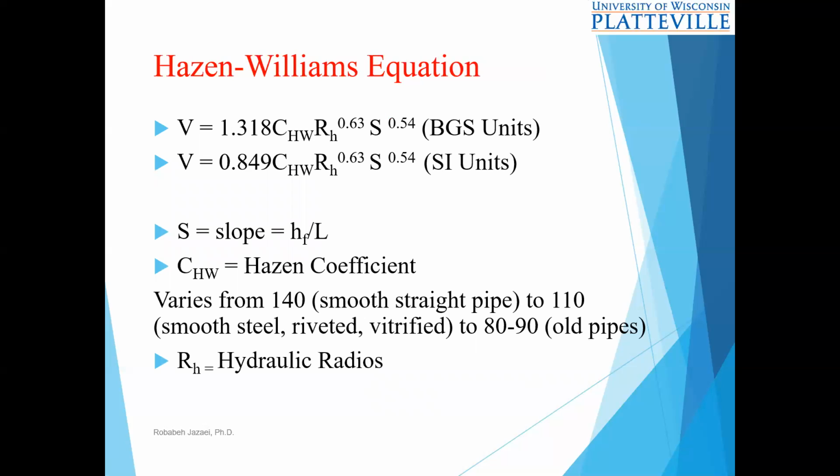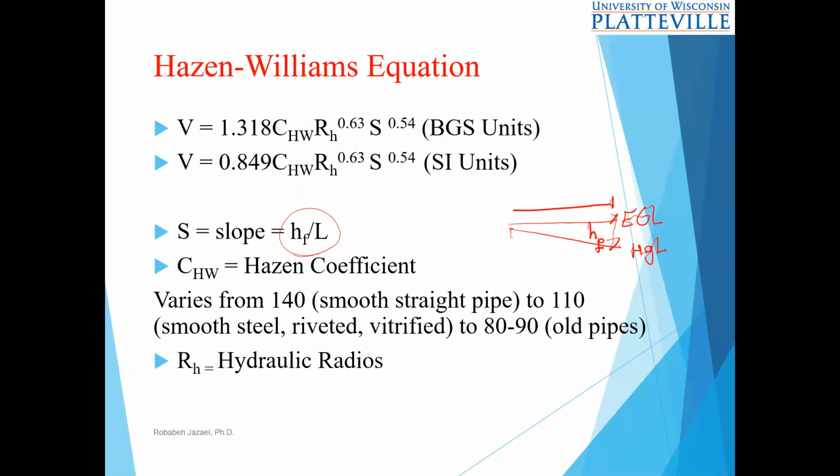Velocity equals this coefficient, and S stands for slope. What is the slope? It is head loss due to friction over L. If you have an energy grade line, you know how to draw it, and your hydraulic grade line is somewhere here. You have some drop due to head loss, right?